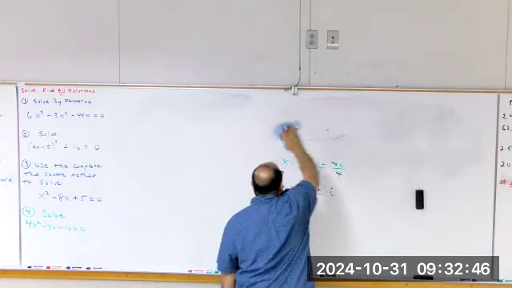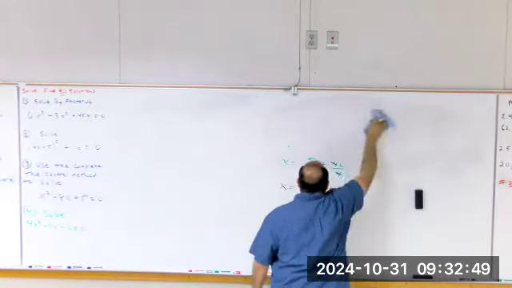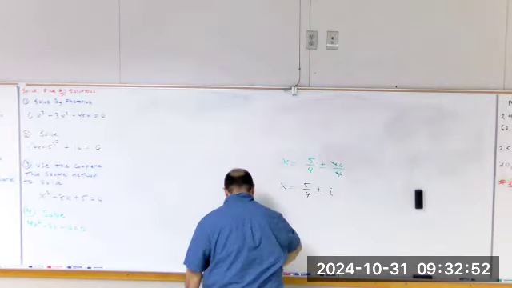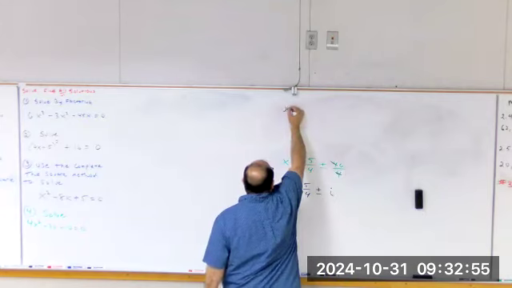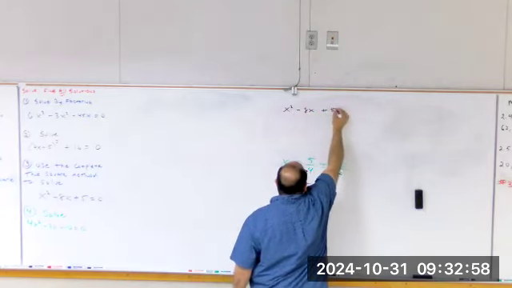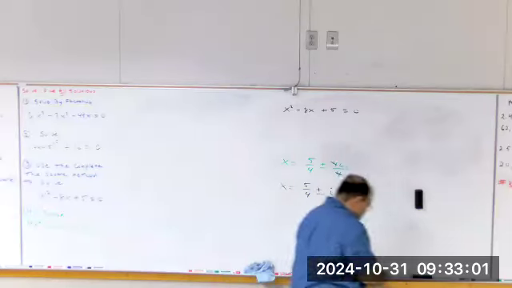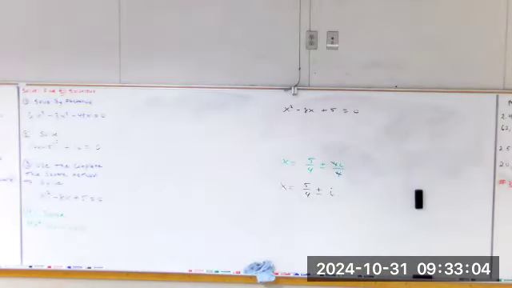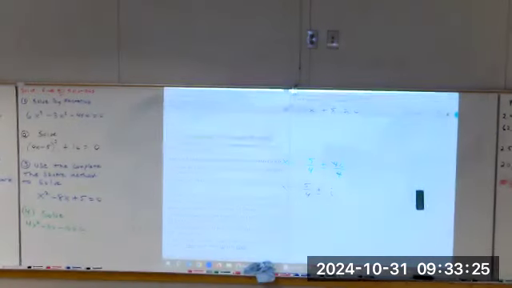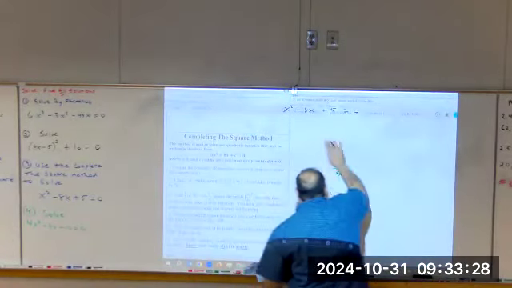x squared minus 8x plus 5. Complete the square. This is what we did on Tuesday. So there's our step by step.